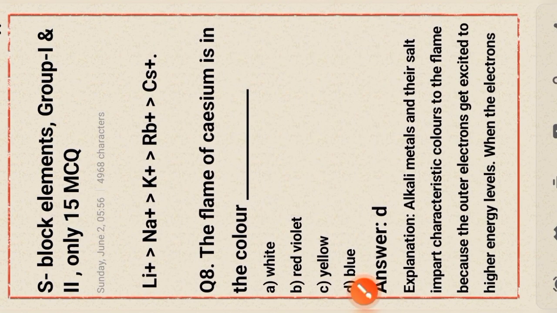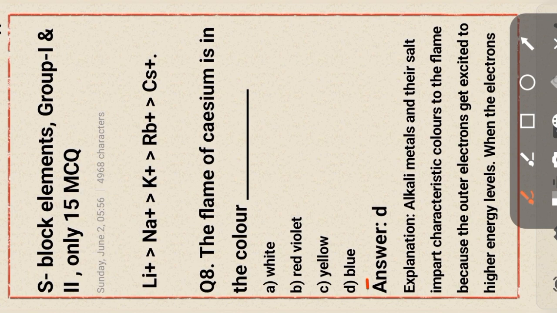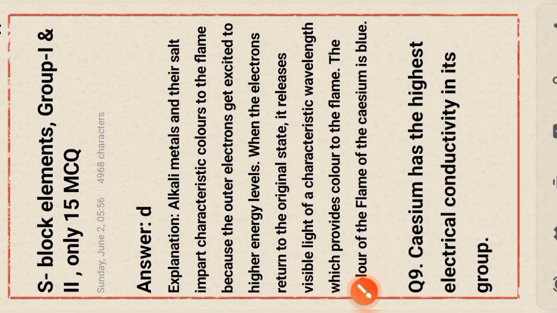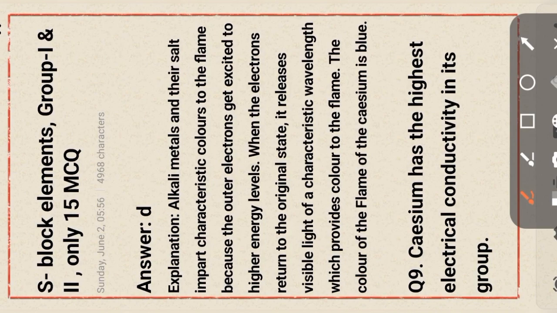The flame of cesium is in option D, that is blue color. Alkali metals and their salts impart a characteristic color to the flame because the outer electron gets excited to a higher energy level.